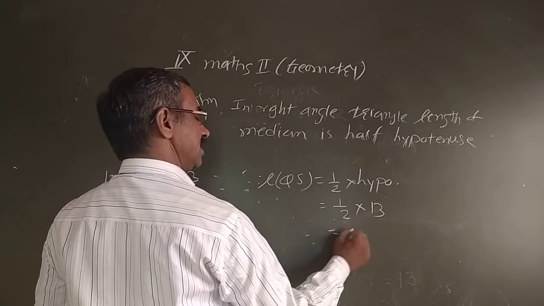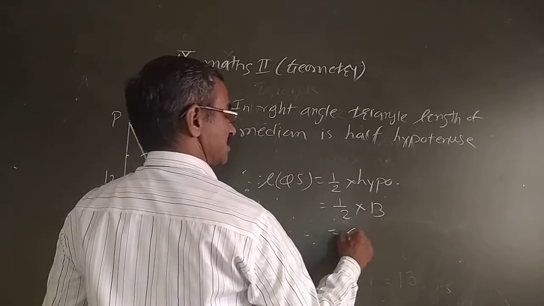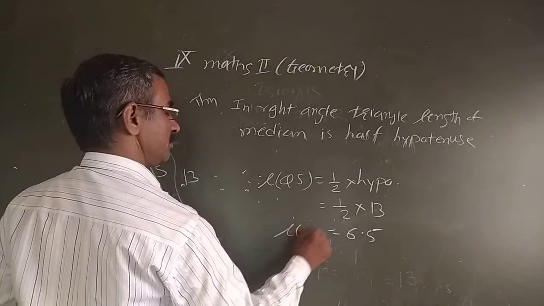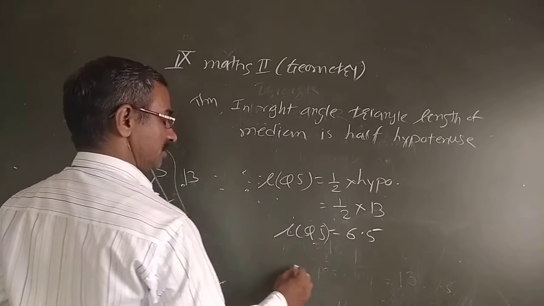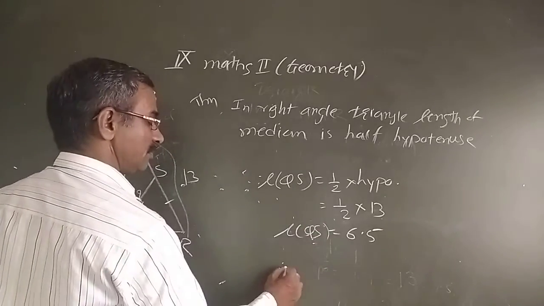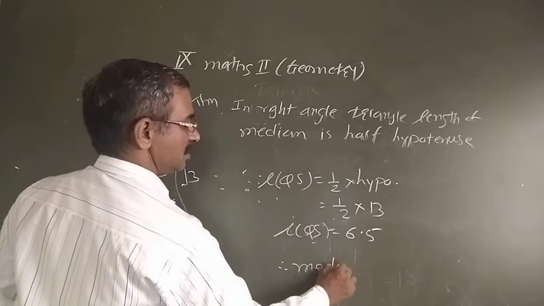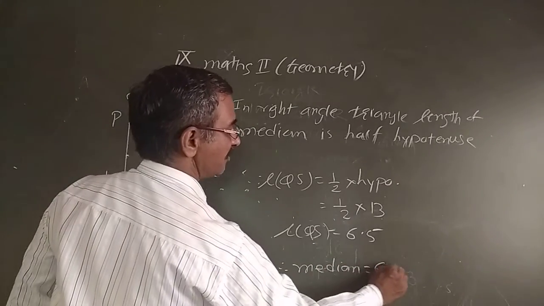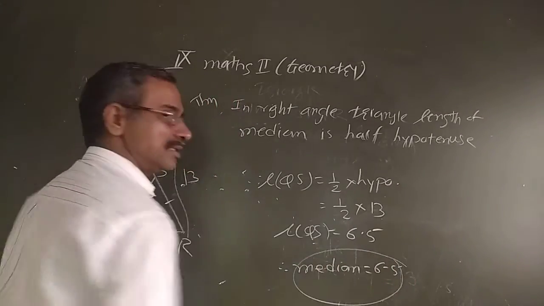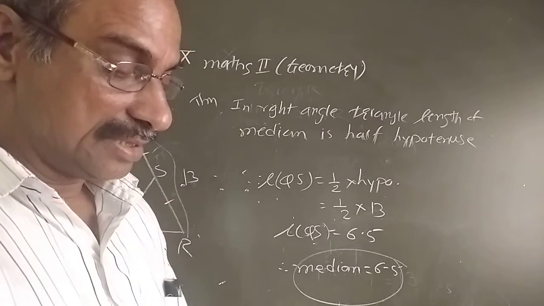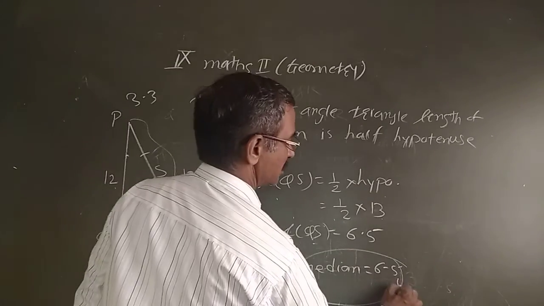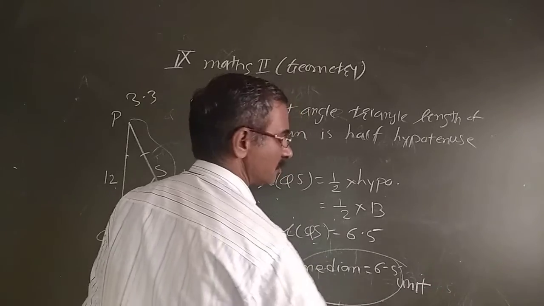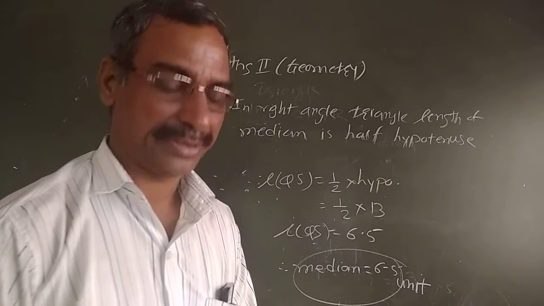By taking half of 13, we get 6.5 as the length of the median QS. Therefore, the median is 6.5 units. Here centimeter or meter are not given, so we write just units.